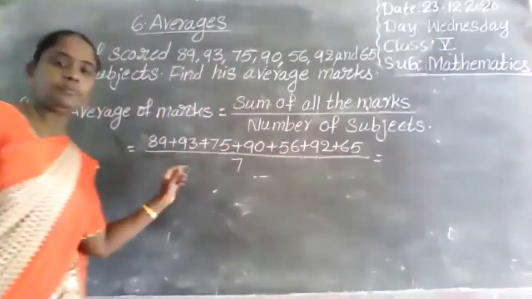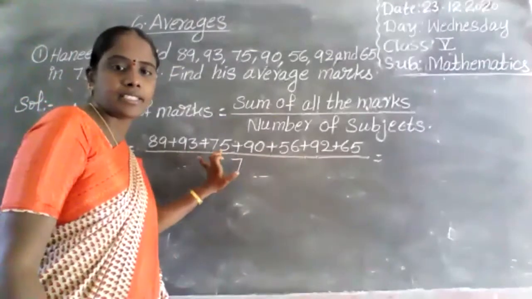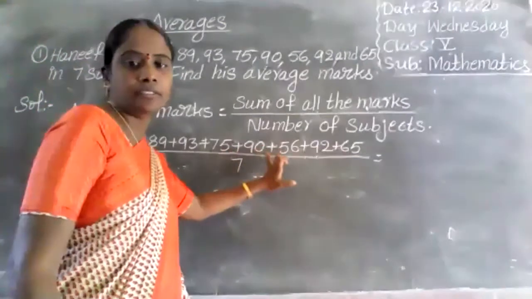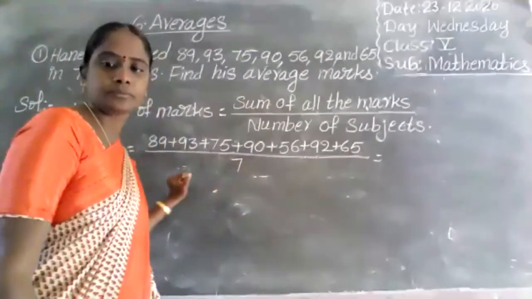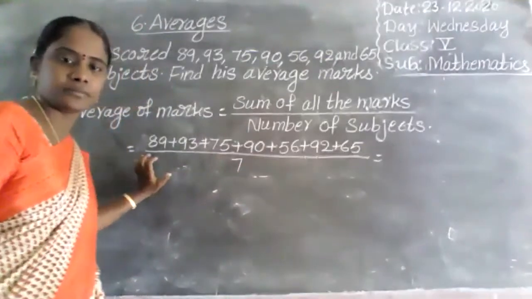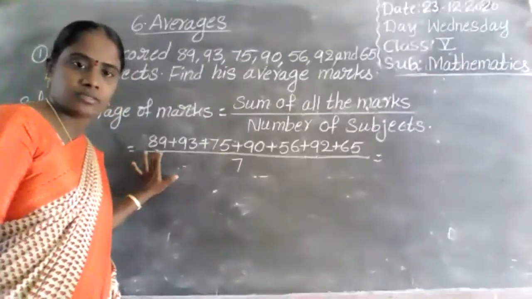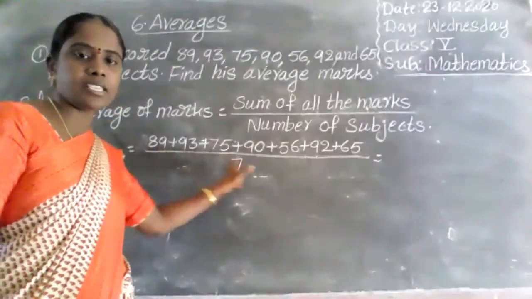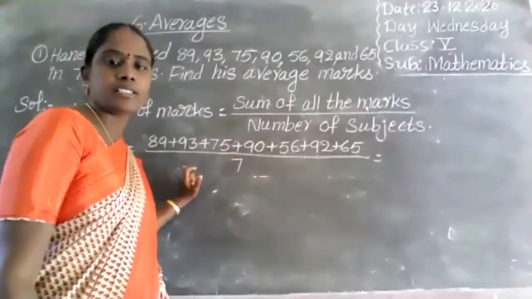First, add and see. Add these 7 numbers. Make it fast. Add and say the answer.